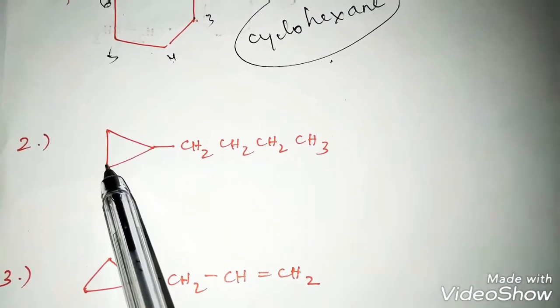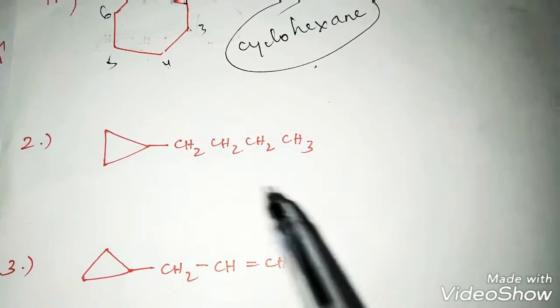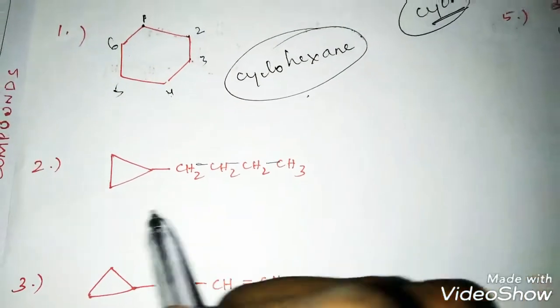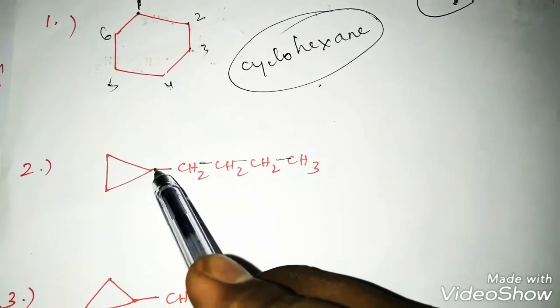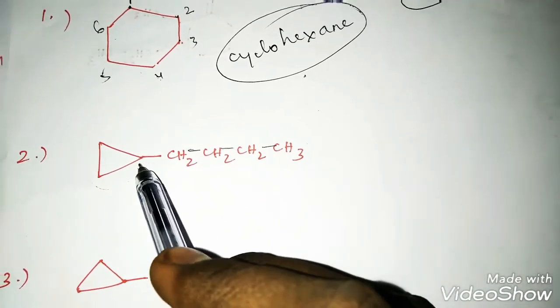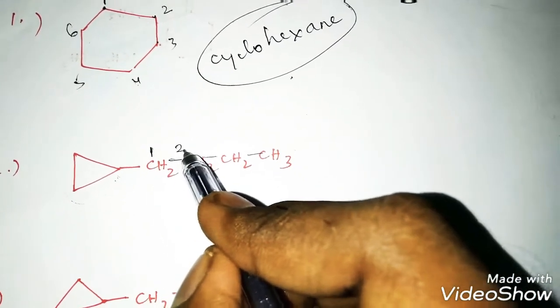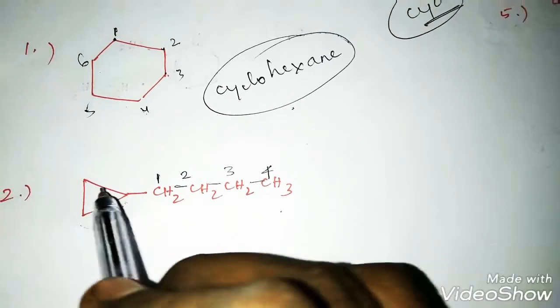Here we have a cyclopropane ring attached to a 4 carbon system with all single bonds. If there is nothing else, it's nothing but single bonds, so this is simply a cycloalkane system. The cyclopropane attached here is the substituent. We number from here: 1 2 3 and 4, so we have 4 carbons.